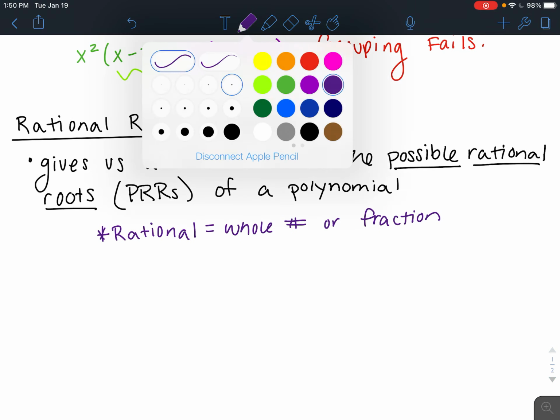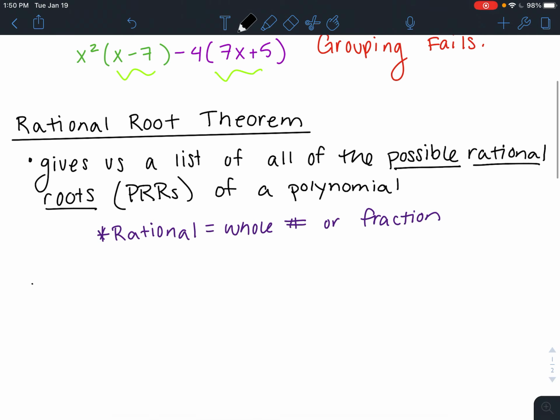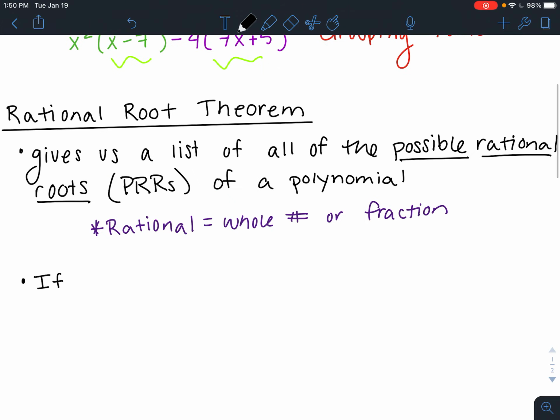So what the rational root theorem actually says. I don't know what the formal language of it is, so I'm going to write it in plain English. Let's start over.